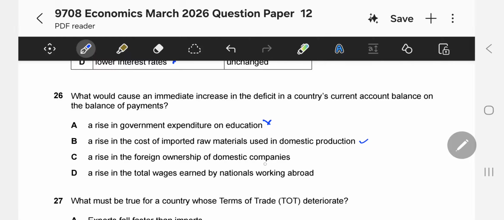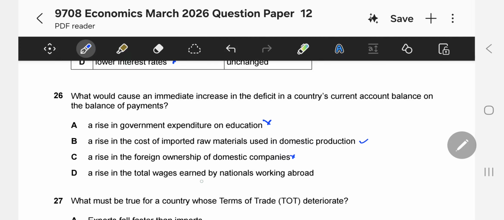A rise in foreign ownership. So if more money is coming in, it means we have more foreign direct investment, which does not even affect the current account, if you ask me, because if foreigners are going to be owning companies here, that would probably go to another account, which you don't study in AS.